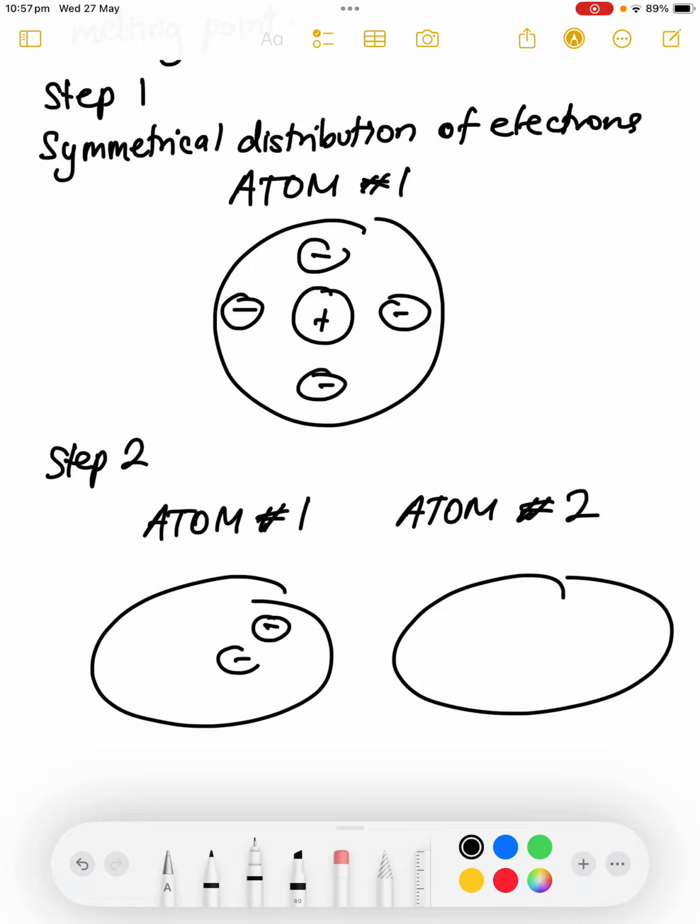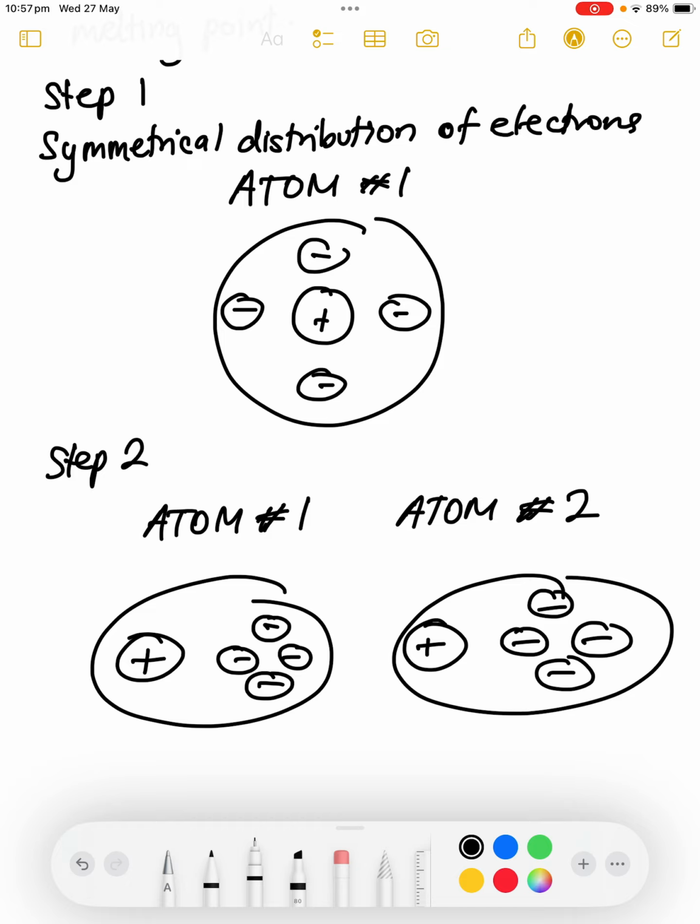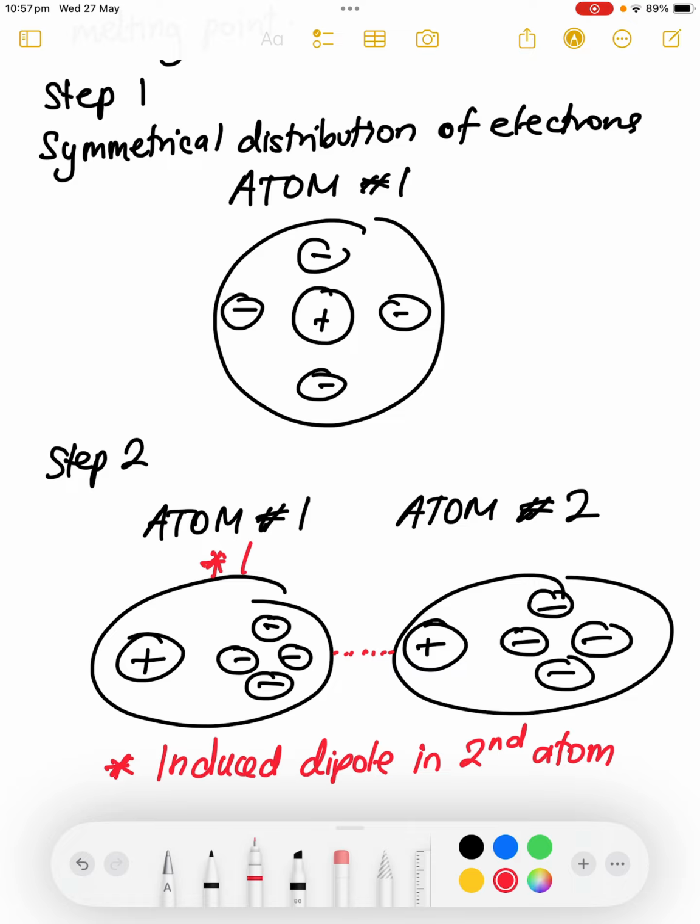The electrons will go to one side, and protons will go to the other side, and there'll be that binding between the two. And as you can see here, you've got an induced dipole in the second atom, and an instantaneous dipole moment due to asymmetry.